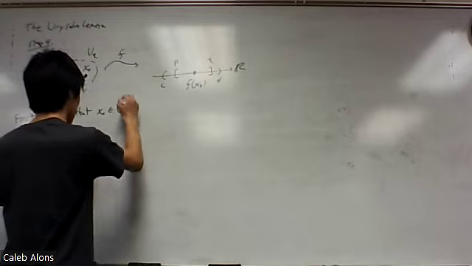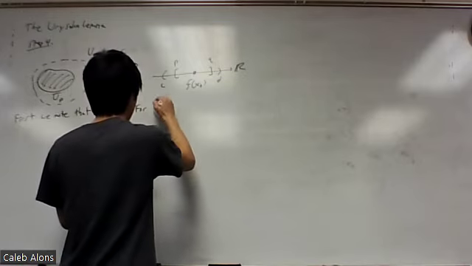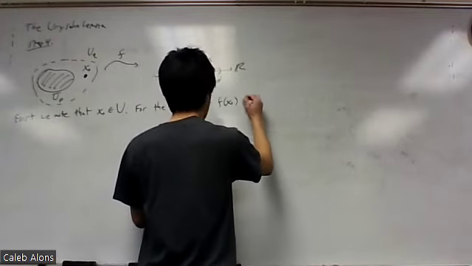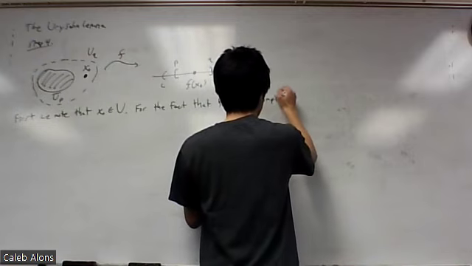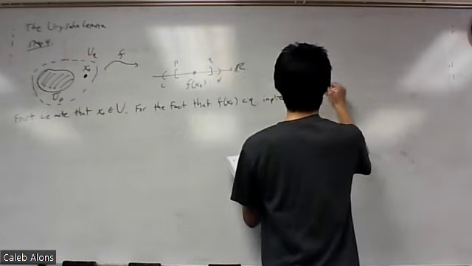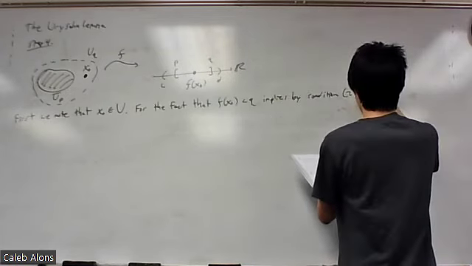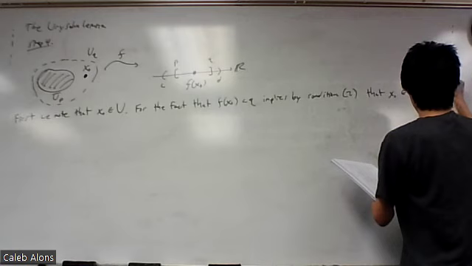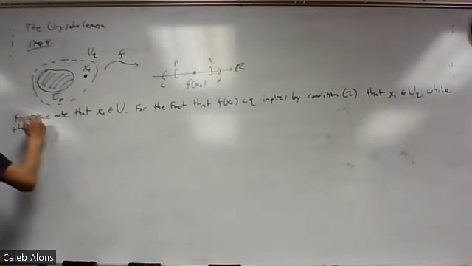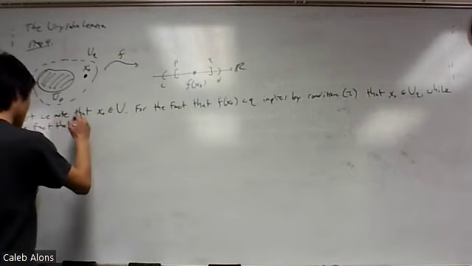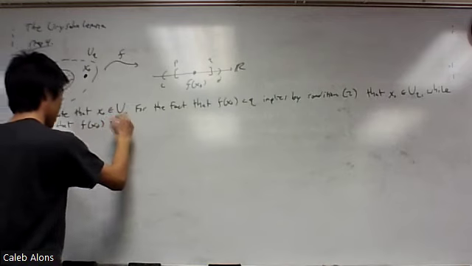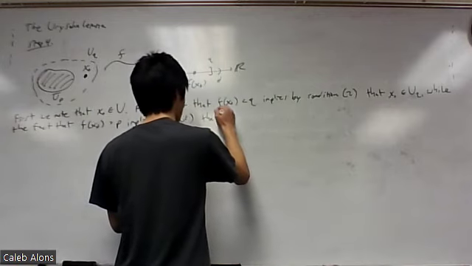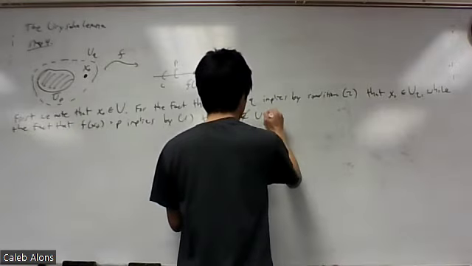X naught is in U. And then the fact that f of x naught is less than Q implies, by condition 2, that x naught is in U sub Q, while the fact that f of x naught is greater than P implies, by the first thing that we proved, that x naught would not be in the closure.